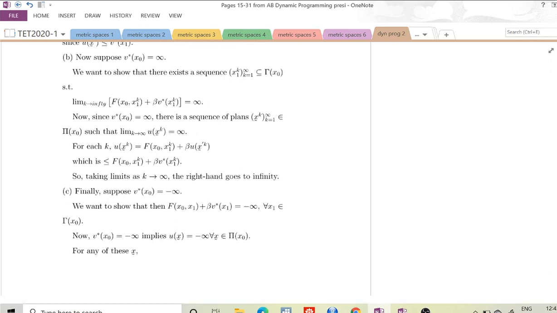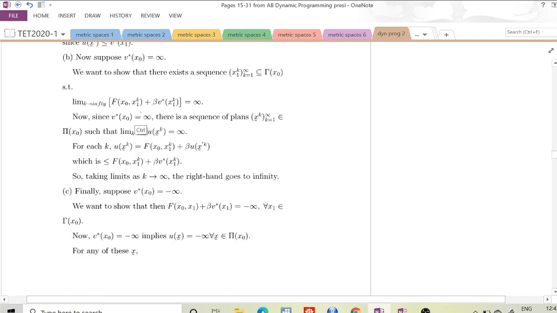Suppose V star of X naught is positive infinity. What you want to show is that there's a sequence of these next period states that you can choose feasibly, x1k's, such that the limit of this goes to infinity. That's why the sup is infinity. That's what you want to show. Right?